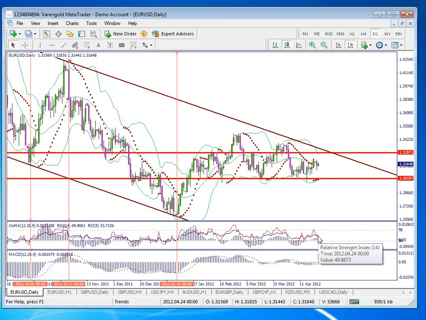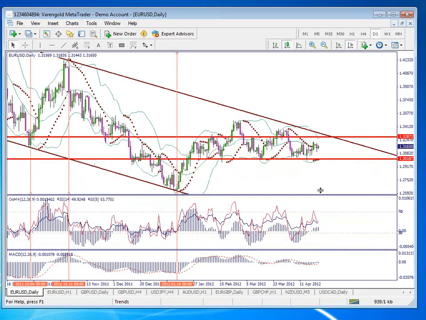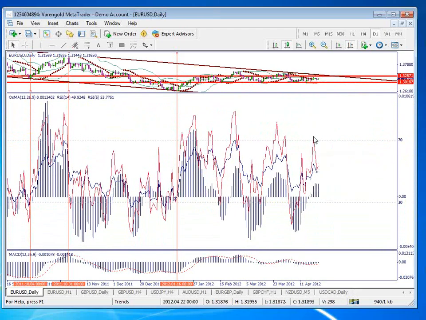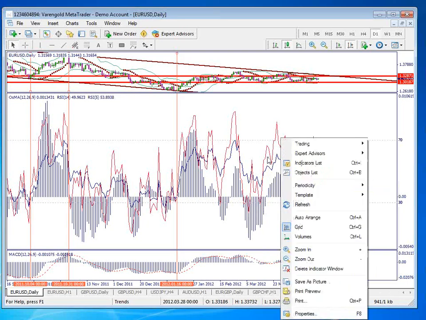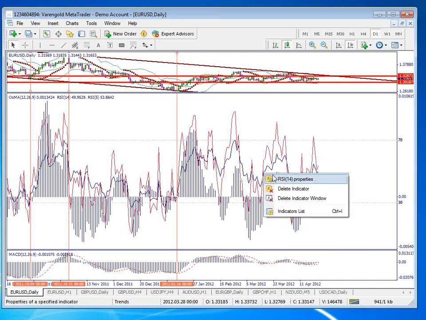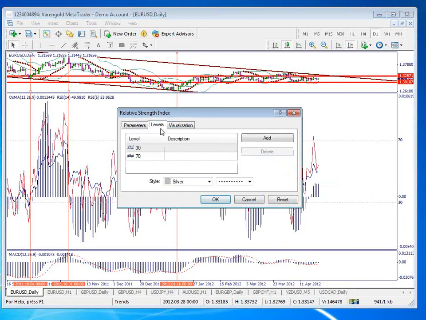it's close to being one sell signal here. RSI went from the 70 level to the 50 level.